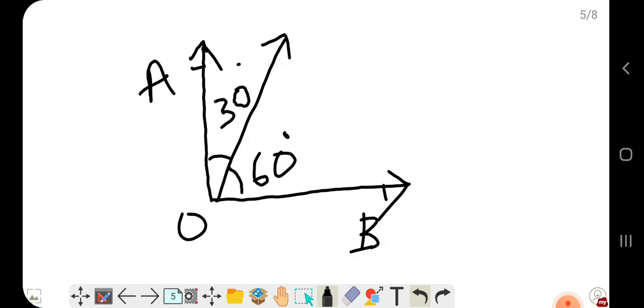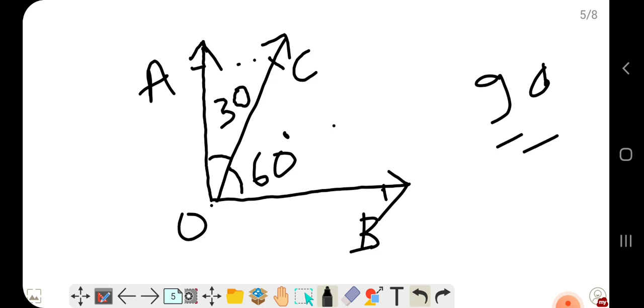So if I draw such a diagram, the addition of these two angles is 90 degrees. We can see angle AOC and angle BOC; these two angles are adjacent angles. So the addition of these two angles is 90 degrees.